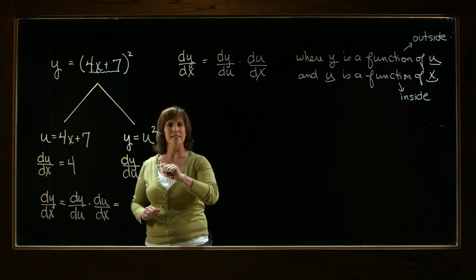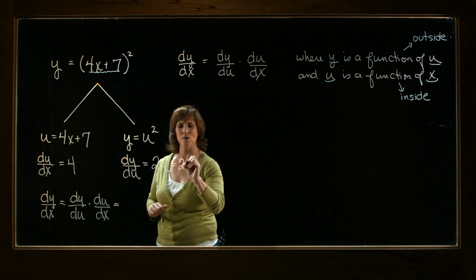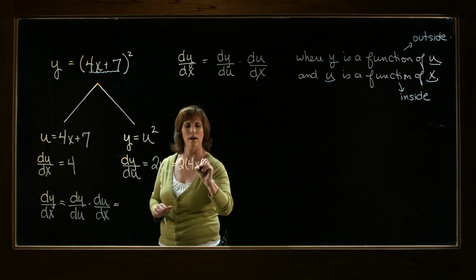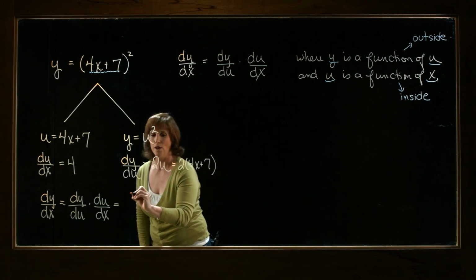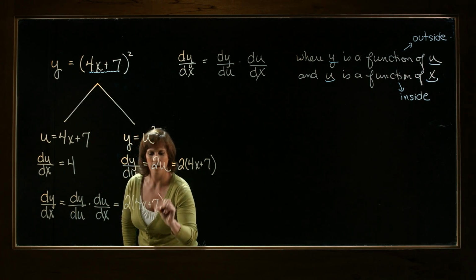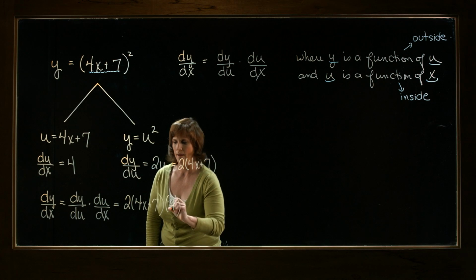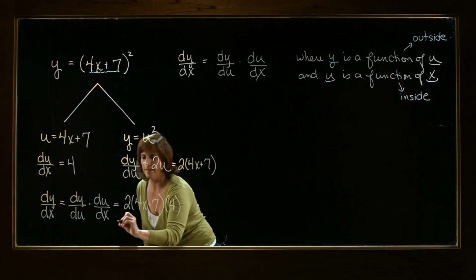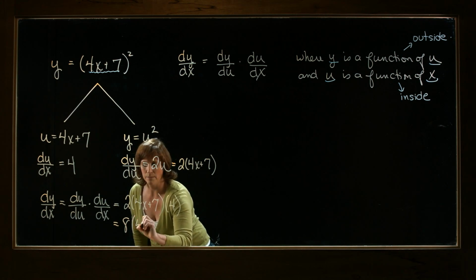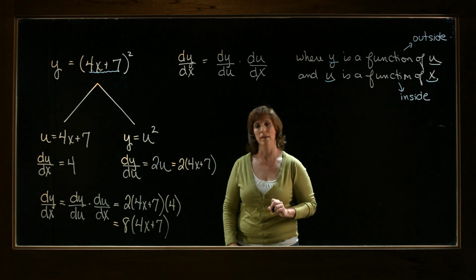So instead of writing this as 2u, I know that u is 4x plus 7, so I can also write that as 2 times the quantity 4x plus 7. So I have 2 times the quantity 4x plus 7 times du/dx, which I know is a 4. I can finally simplify this to 8 times the quantity 4x plus 7.